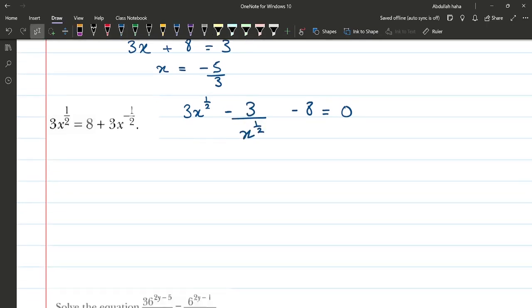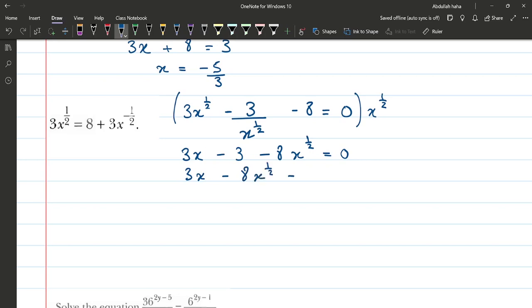Now I can multiply out by x to the power half, which will give me 3x minus 3 minus 8 x to the power half, which is equal to 0. So 3x minus 8 x to the power half minus 3 is equal to 0. Now here, I have to make a substitution that will make it easy for me.